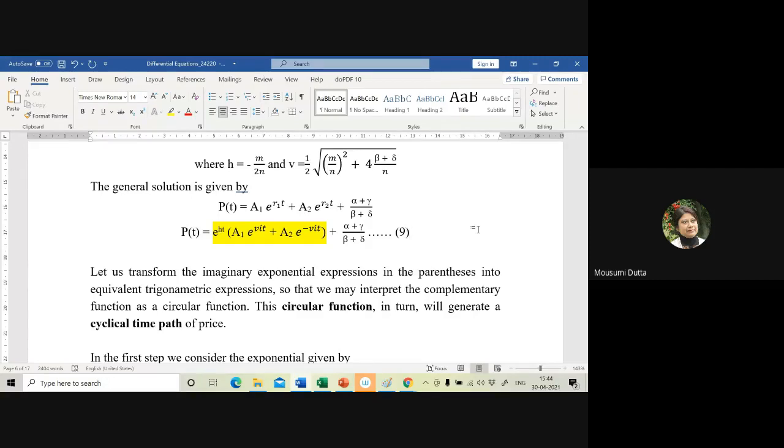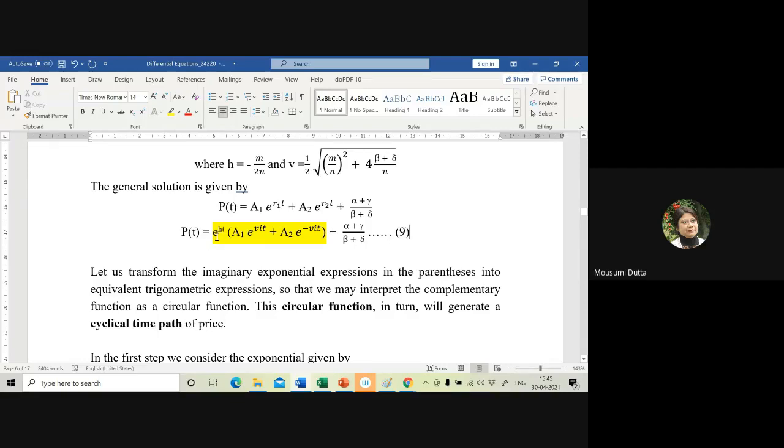Now, if we look at the first component e to the power ht, if the value of h is negative, in that case it will be A1 e to the power vit plus A2 e to the power minus vit divided by e to the power ht. If h is negative, this part will come in the denominator. In that context, as t tends to infinity, the entire e to the power ht will move towards infinity.